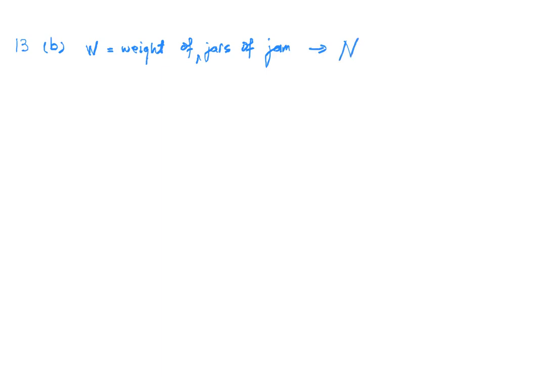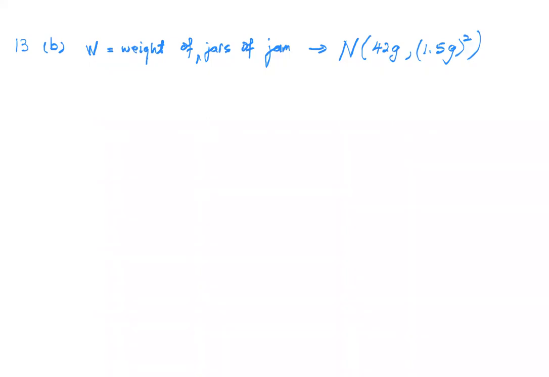So that means if the population weight is normally distributed, regardless of the sample size, the sample mean will be normally distributed. This is with the mean of 42 gram and the standard deviation of 1.5 gram. So this is what I have for the population weight of jars. Each jar, the weight is like that.